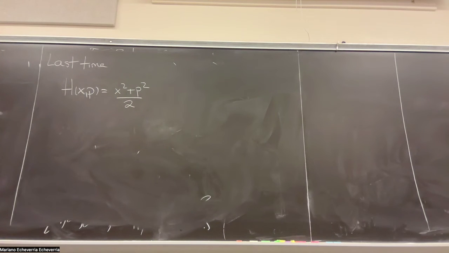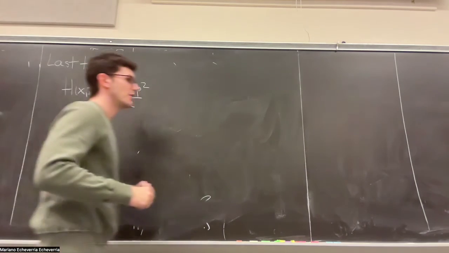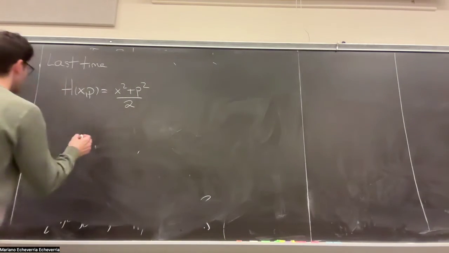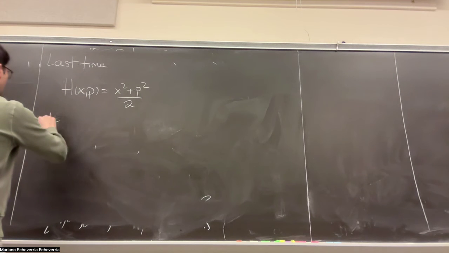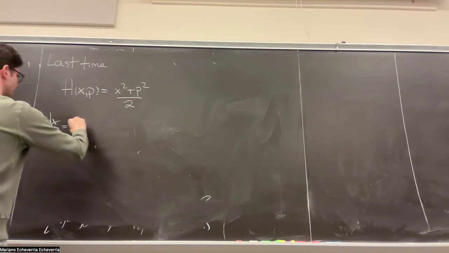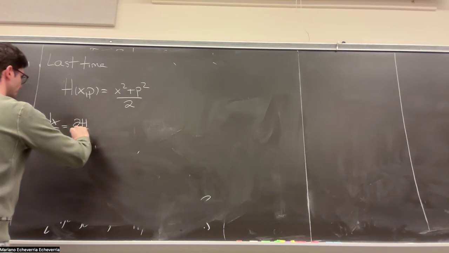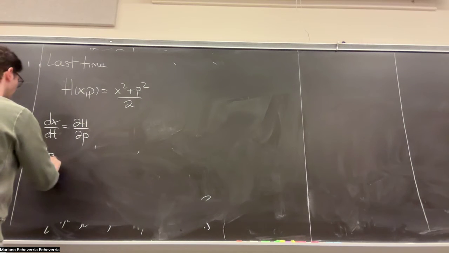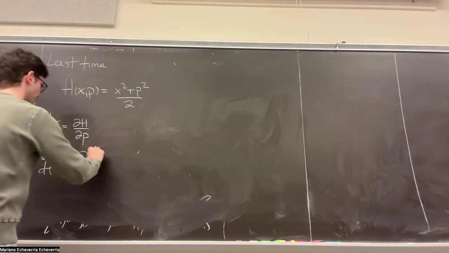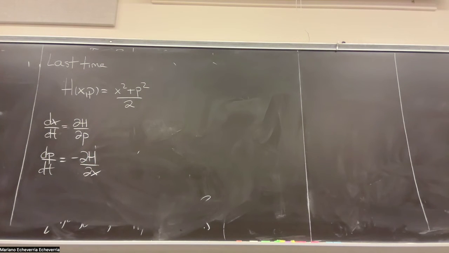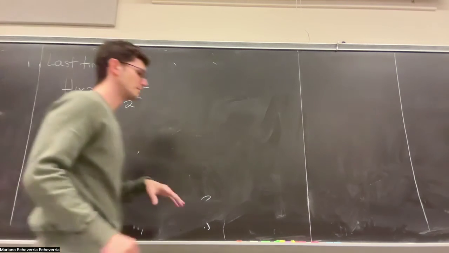Okay, so that was a Hamiltonian, and then Hamilton's equations were: the derivative of x with respect to t is the partial derivative of H with respect to p, and the derivative of p with respect to t is minus the partial derivative of H with respect to x. Okay, so that is what you get.